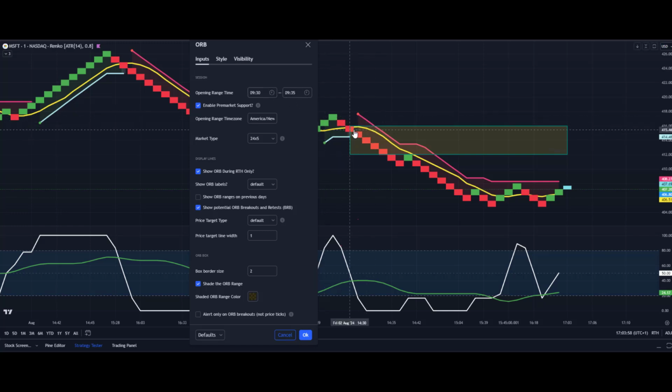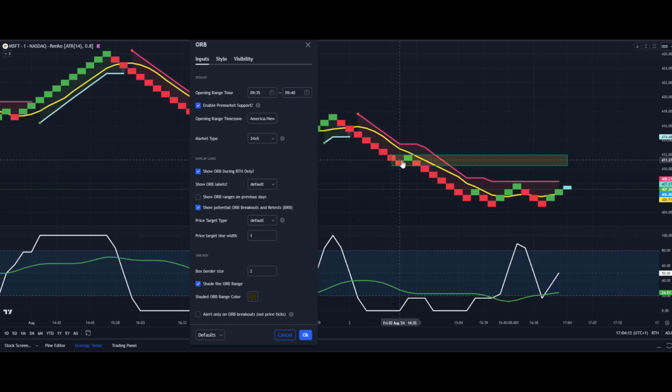Now, like I said, that's the first 5 minutes, but for example, you might want to ignore the first 5 minutes and let things settle down and take the next 5 minutes as your range. It'll recalculate and put a new ORB opening range there, from 2:35 to 2:40 US time, and that gives us our starting point for the day.